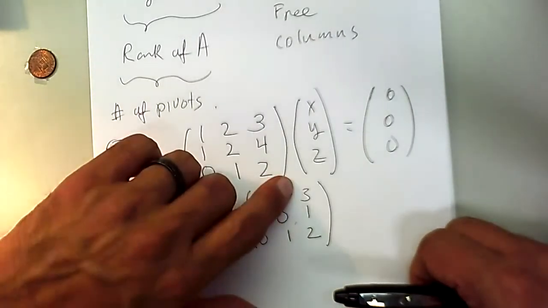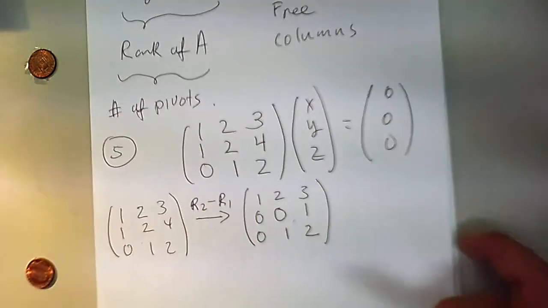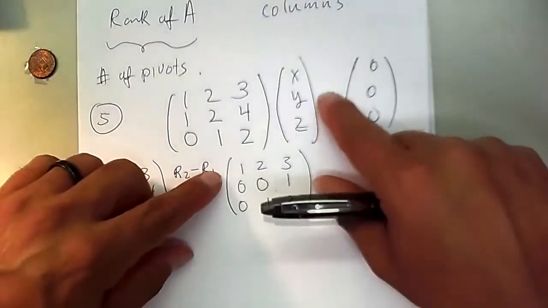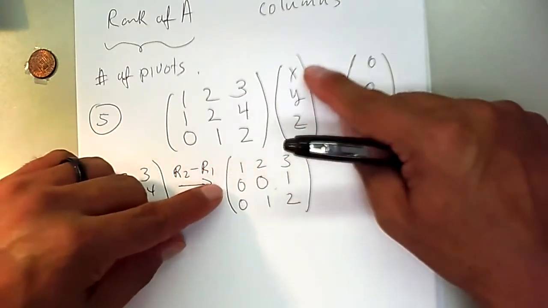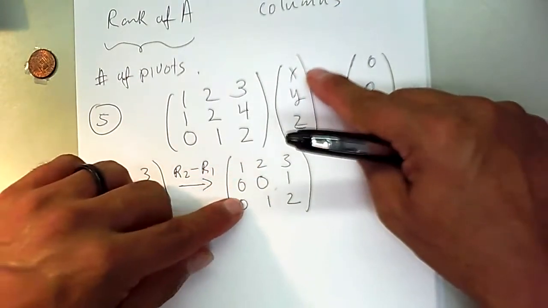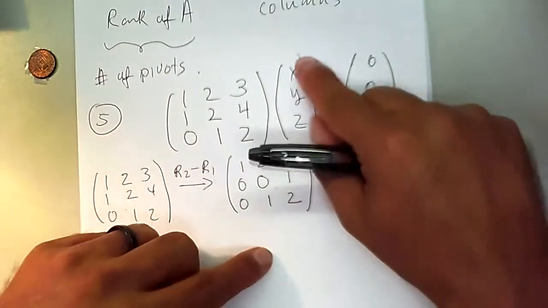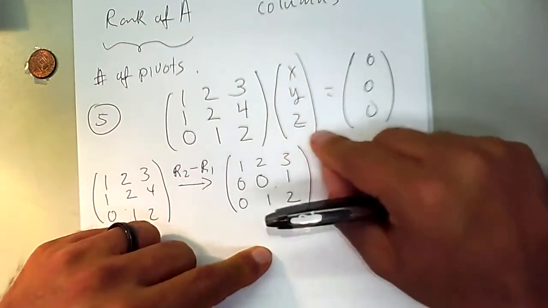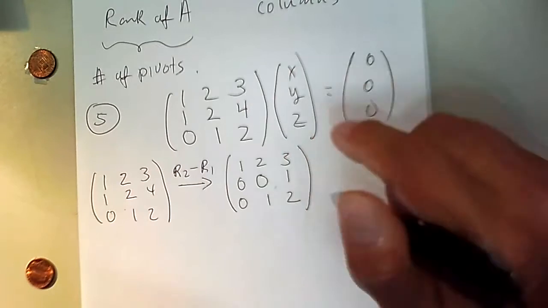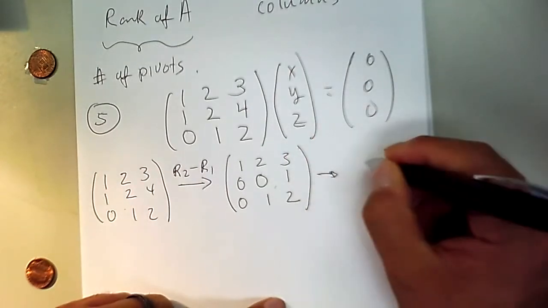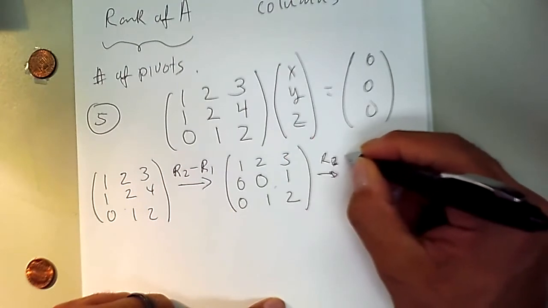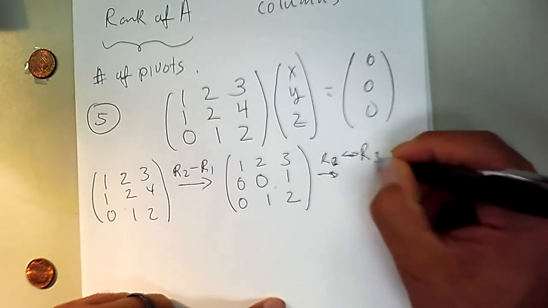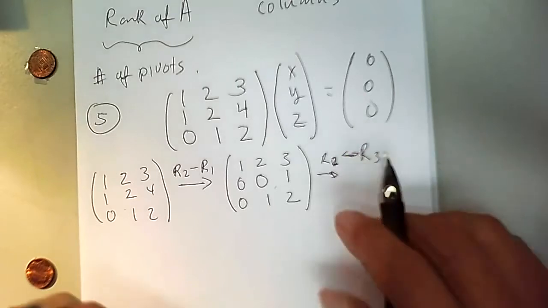And if possible, 0, 0, 1. But the reason why I was pausing for a moment is because x, y, z, x, y, z, and still x, y, z. So exchanging the rows is not going to change the order of the variables. We're still going to have x, y, z. So we're going to exchange row 2 and row 3.